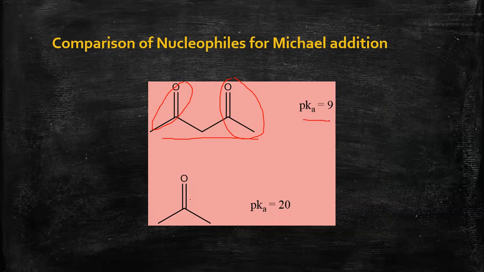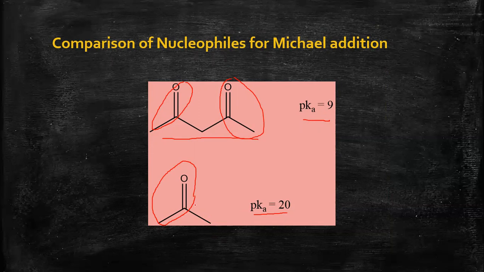And this compound, which has only one carbonyl or electron withdrawing group, has pKa 20. So the stronger the acid, the weaker its conjugate base would be.